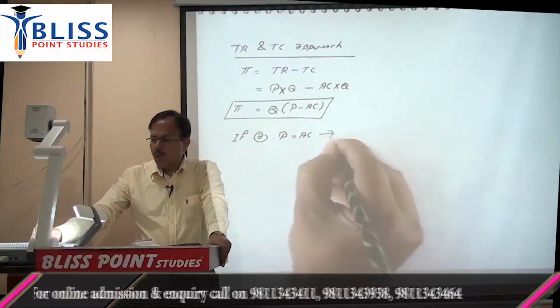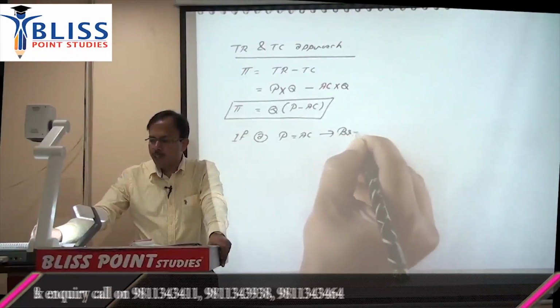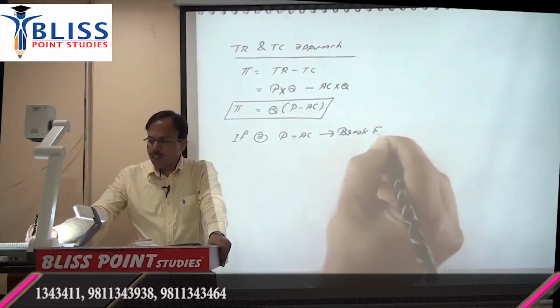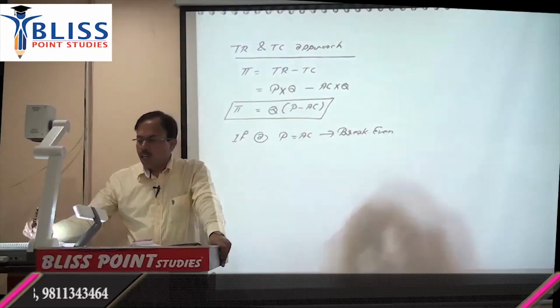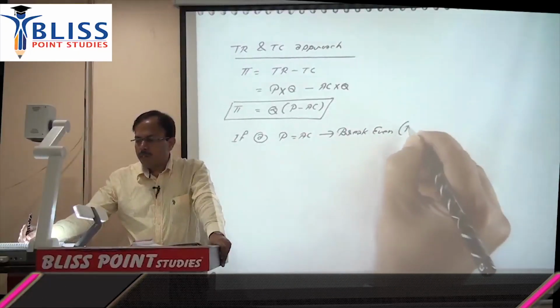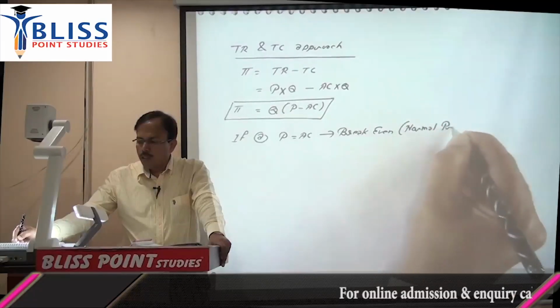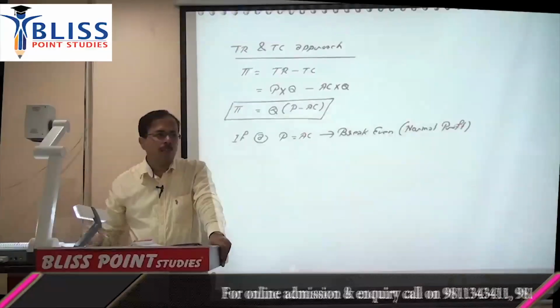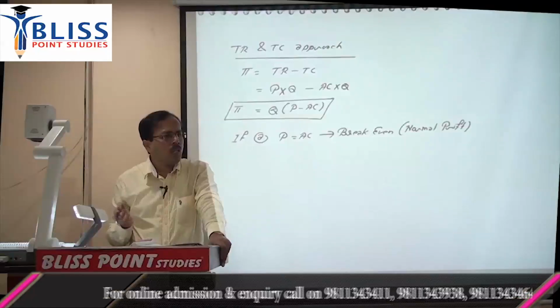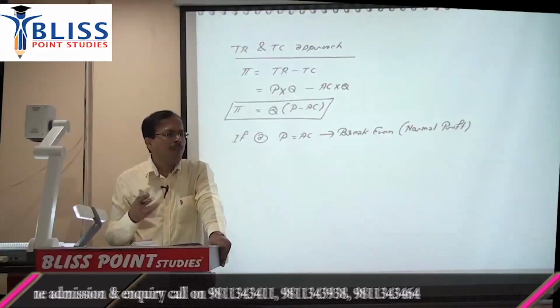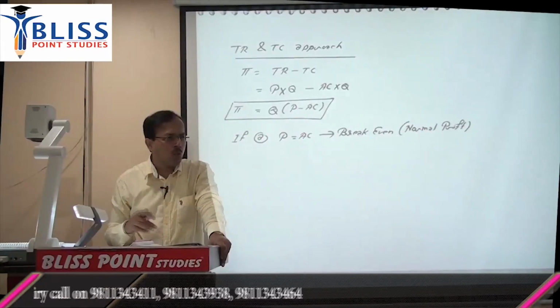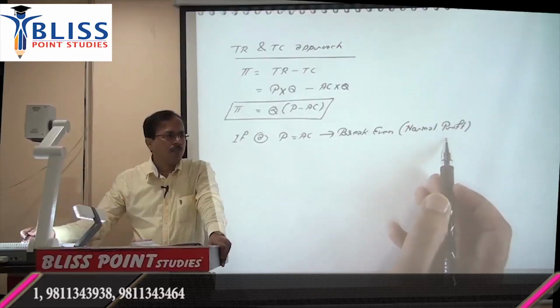No profit, no loss is referred to as break even point. And at break even, firms are supposed to earn only normal profit, normal rate of return मिल रहा है, because normal profit is included in cost. When you say no profit no loss, even that includes normal rate of return.